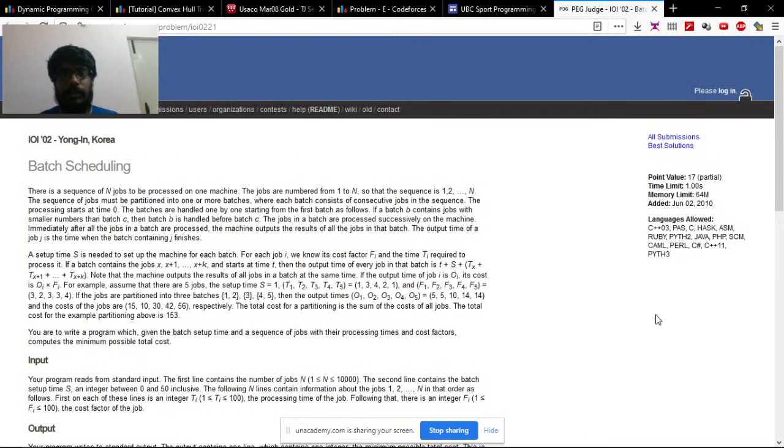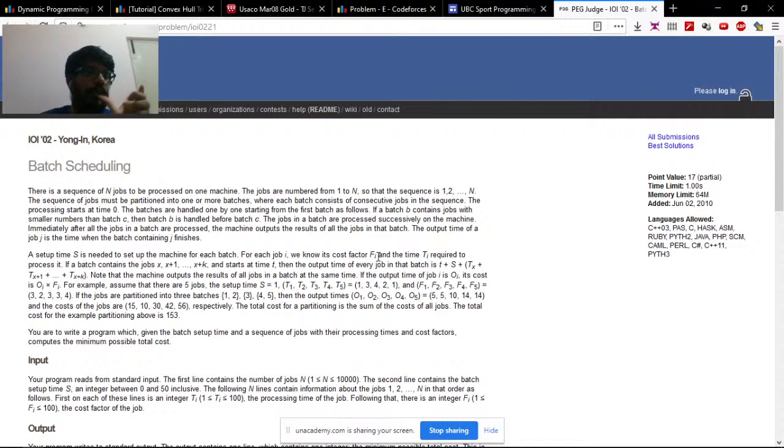So you have n different jobs. They are ordered jobs. Each job has a time ti required to complete it, and it has a cost factor of fi.